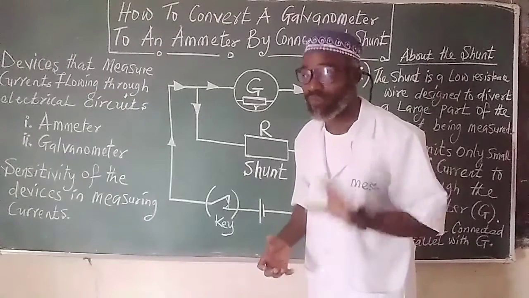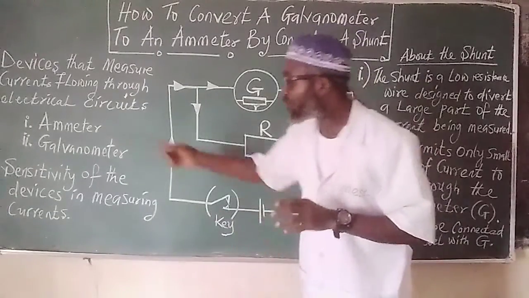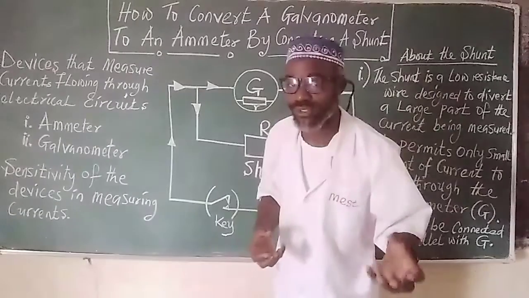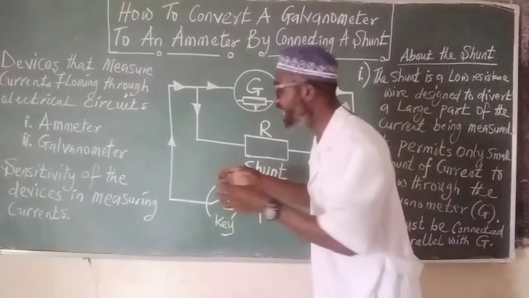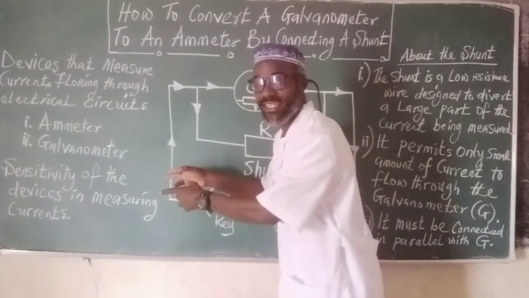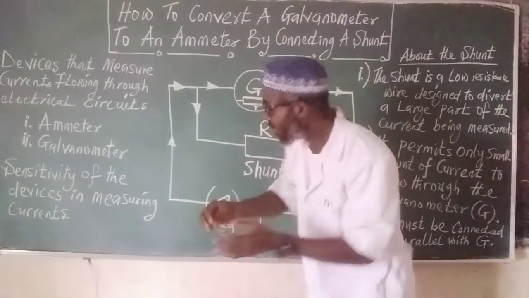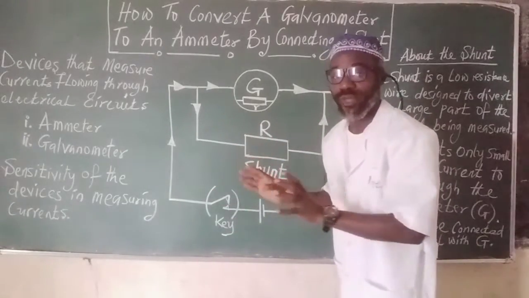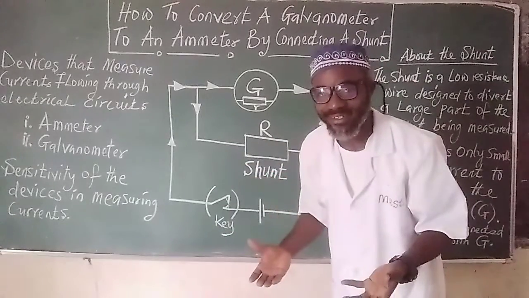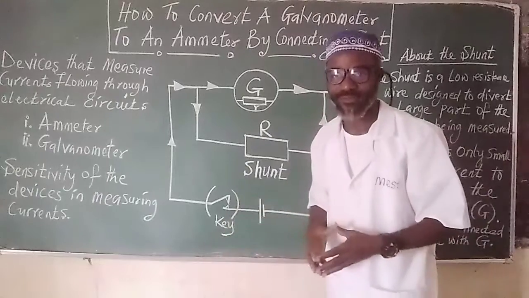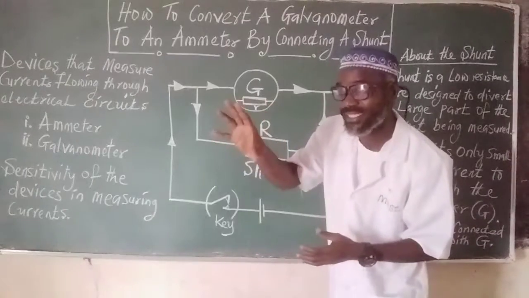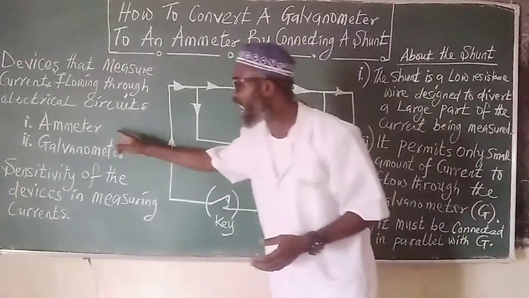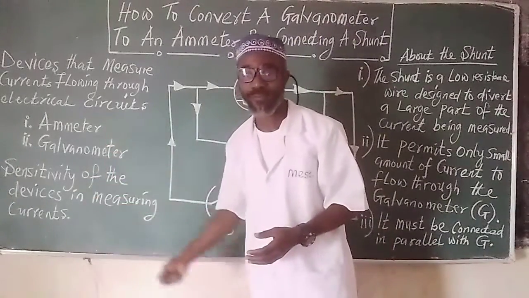Very simple. If an ammeter can measure or detect small amount of current flowing in the circuit, we can now conclude that the ammeter is sensitive. If you can detect and measure it, that shows the ammeter is sensitive.